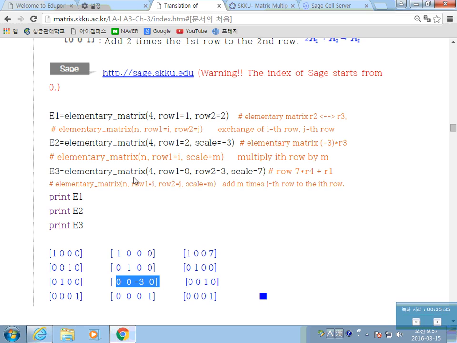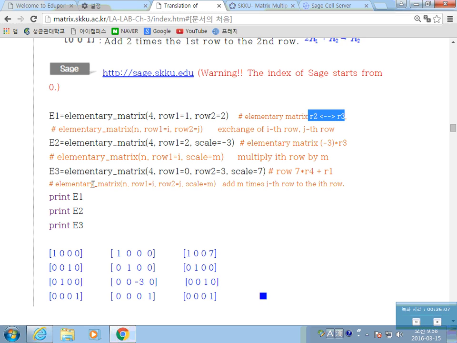If we multiply 7 on the fourth row and add it to the first row, then we have this. You should be aware that here I exchanged row 1 and row 2, but the intended rows were row 2 and row 3. Do you know why I used the first row and second row here instead of the second row and third row?